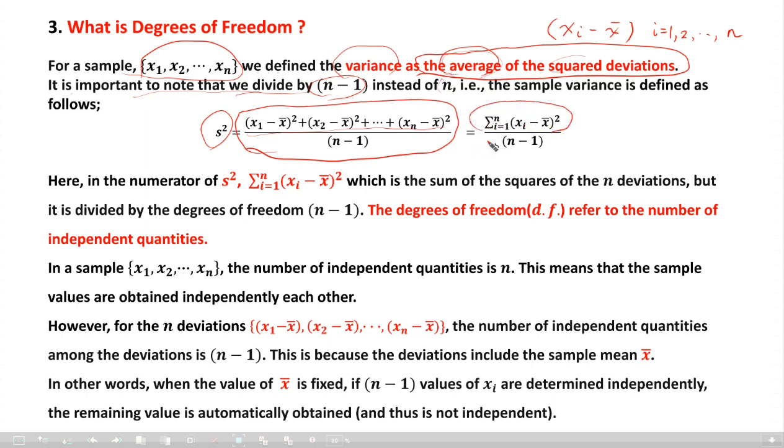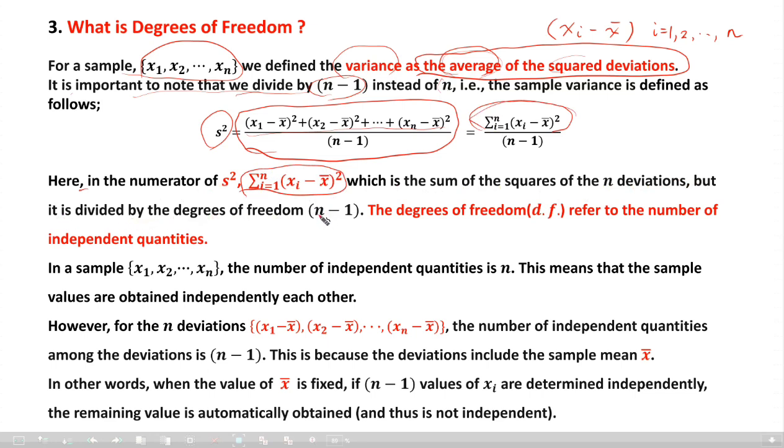Everybody knows this notation. Otherwise, if you do not know this notation, you will be in trouble following these lectures. Anyway, the numerator of s square is the sum of squares of n deviations, but it is divided by the degrees of freedom, n minus 1.